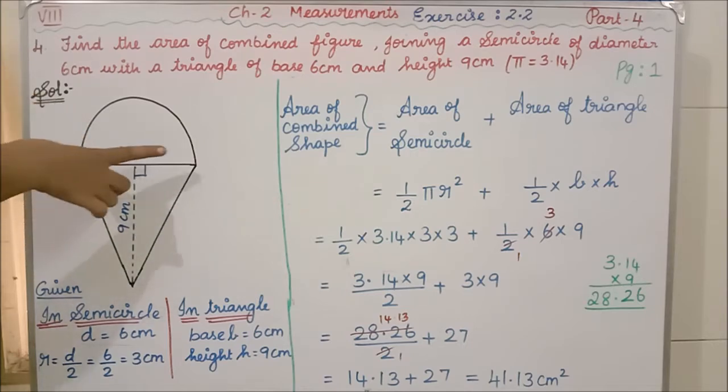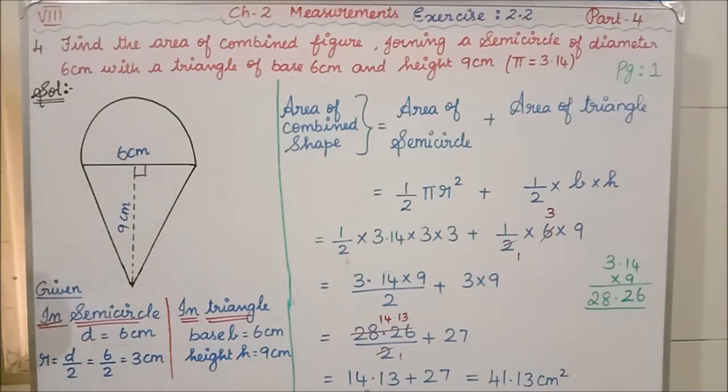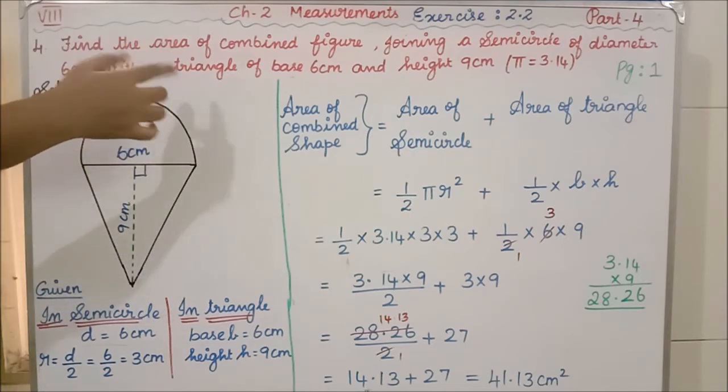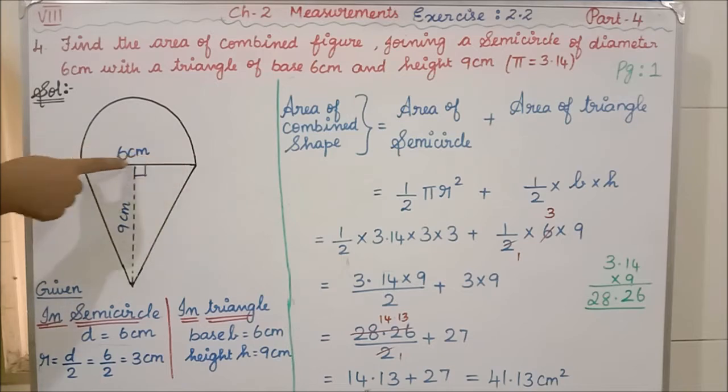They have given the diameter of the semicircle as 6 cm, and that is the base of the triangle also, the same 6 cm, and the height is 9 cm. This diagram is given in your book itself.